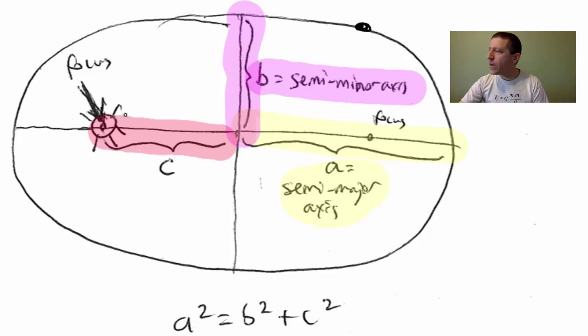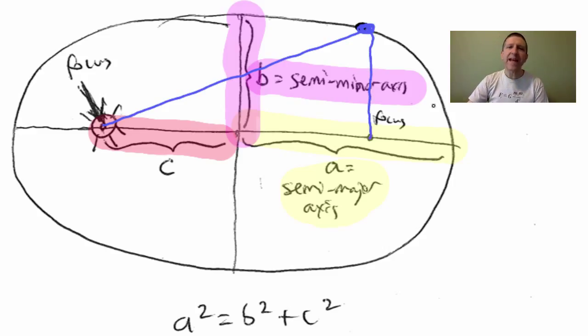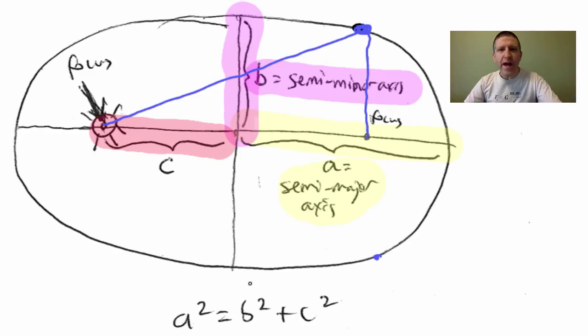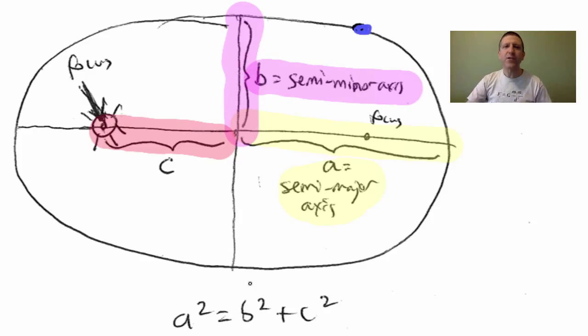When you take any point on the ellipse, so let's take an arbitrary point right there, the distance from this focus to that point plus the distance from that point to the other focus, the sum of those, is a constant for every point on this. We can do that with a physical derivation with a string and two push pins. So that's pretty cool.